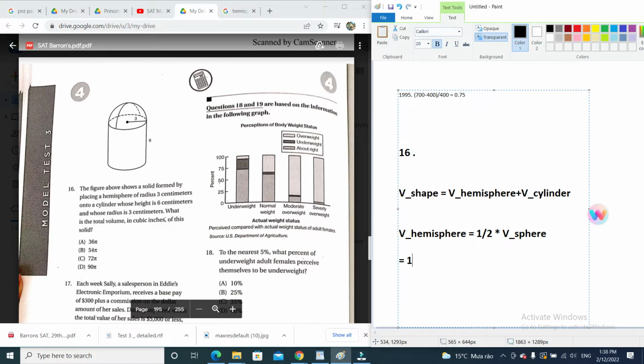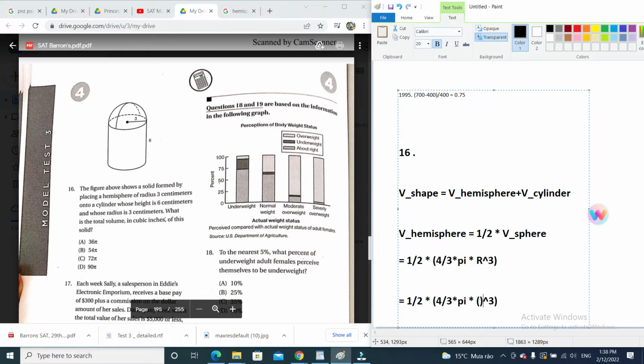So that is actually 1/2 times the volume of the sphere, which is 4/3 pi times r cubed, right? We know that the radius of the sphere is 3 centimeters, so we can plug 3 into r, because r equals 3.